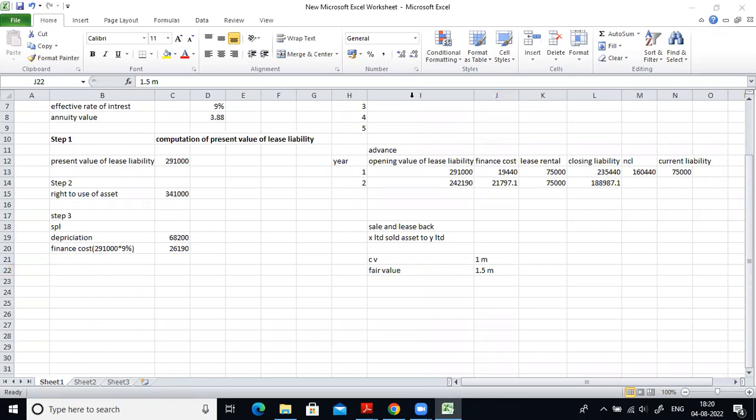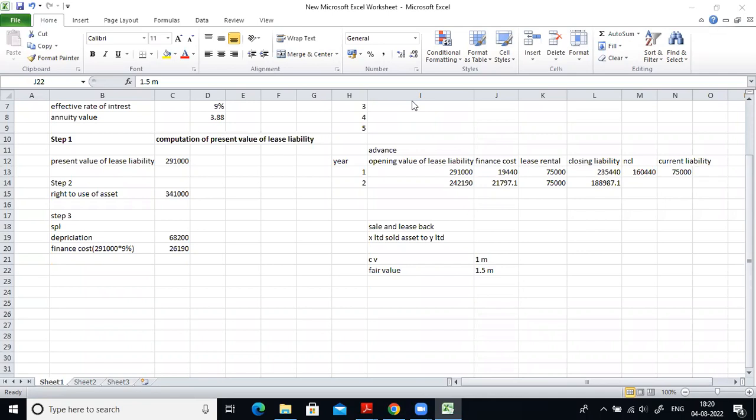Okay. Now for example, I sold my asset to Neil. When I am selling my asset, the carrying value of that asset is 1 million. And I sold the asset to Neil for 1.5 million. Here I am assuming that the right is transferred to Neil. And the same asset I took from Neil on lease basis.